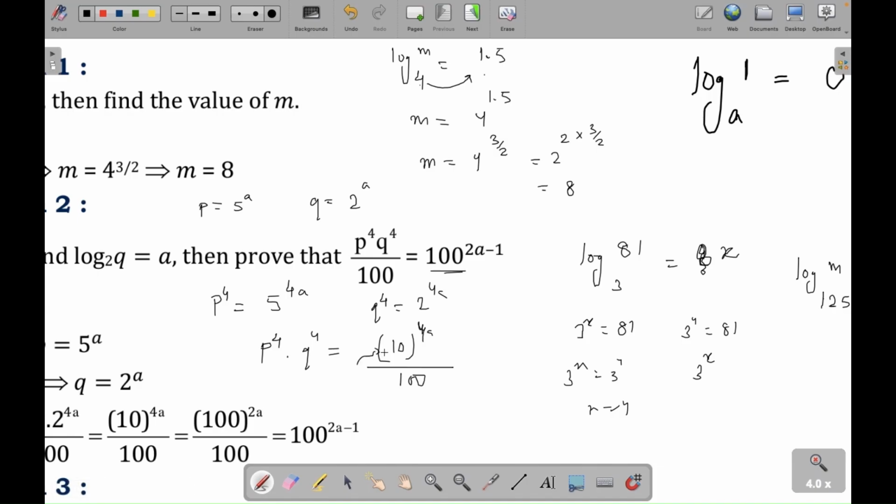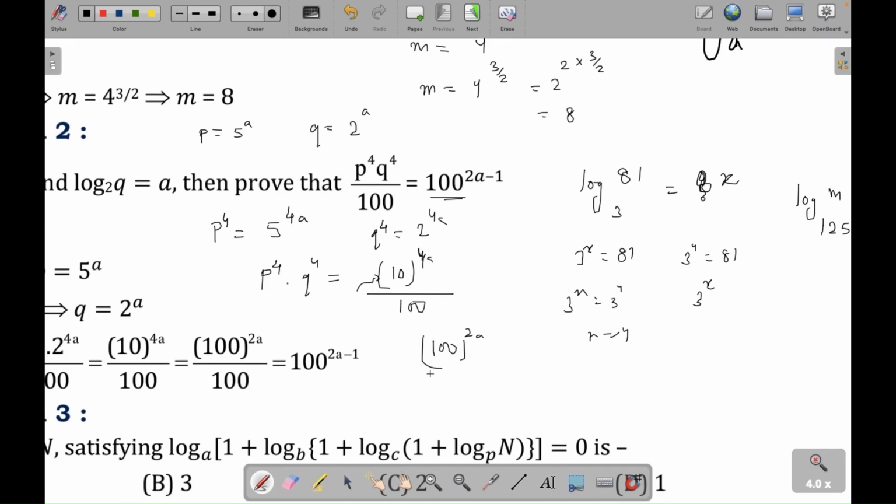Is there a way to do that? 100 to the power 2a upon 100, right? Which is equal to 100 to the power 2a minus 1. Any doubt?